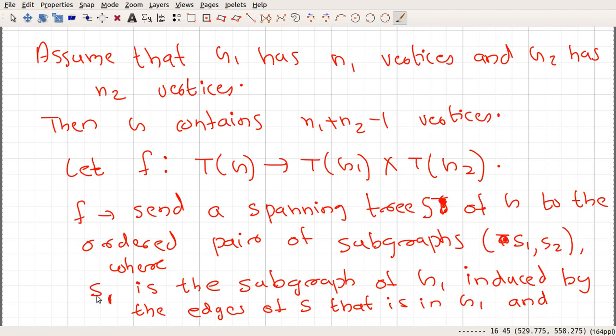We can very easily see that this S1 is a spanning tree for G1, and similarly S2 is also defined that way.